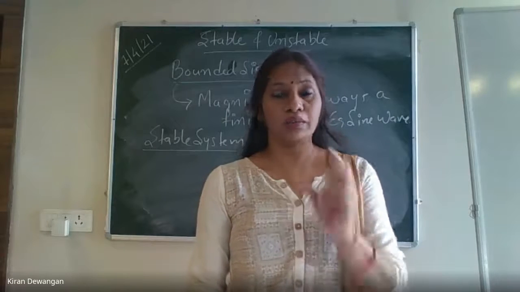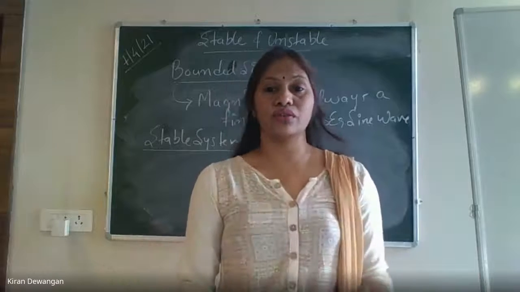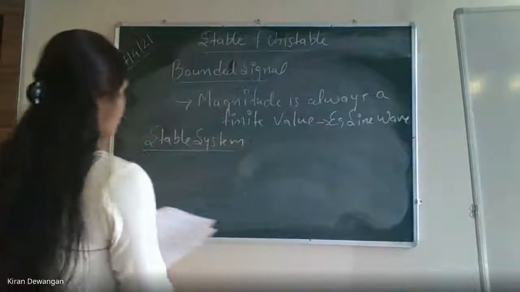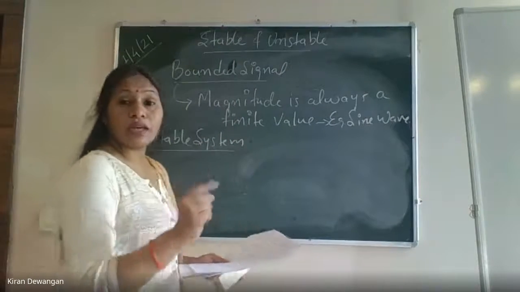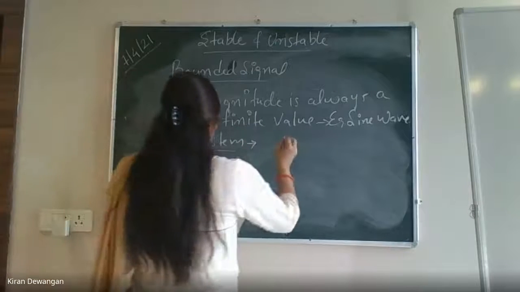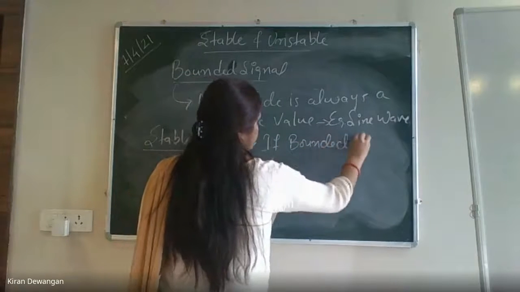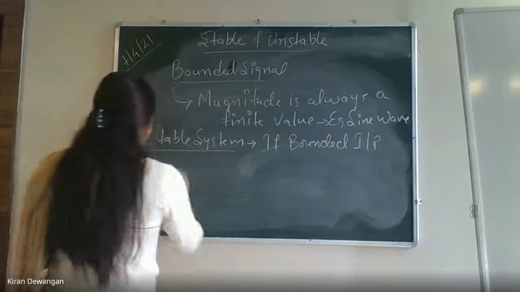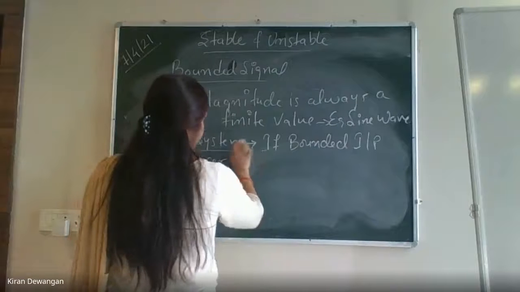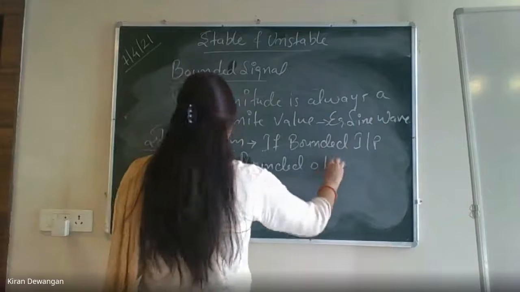दोनों bounded रहना चाहिए. That means the input should have finite magnitude, and the output should also have a finite magnitude. Then we can call the system a stable system. ठीक है? It is said to be a stable system if bounded input produces bounded output. ठीक है?